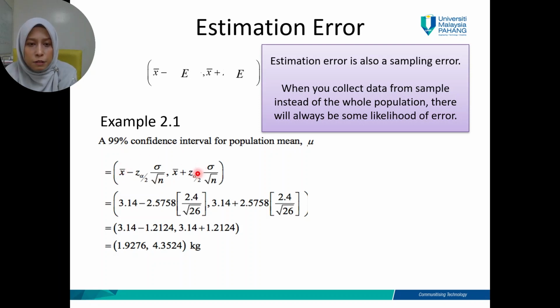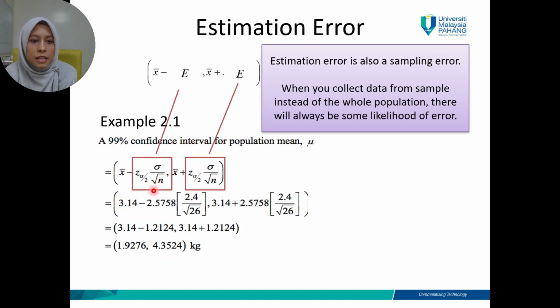The estimation error is this element in the confidence interval, z alpha over 2 multiplied by sigma divided by square root n. It's the same for both sides, right? For the lower boundary and upper boundary, the estimation error is the same thing. So in this formula, this is the estimation error.